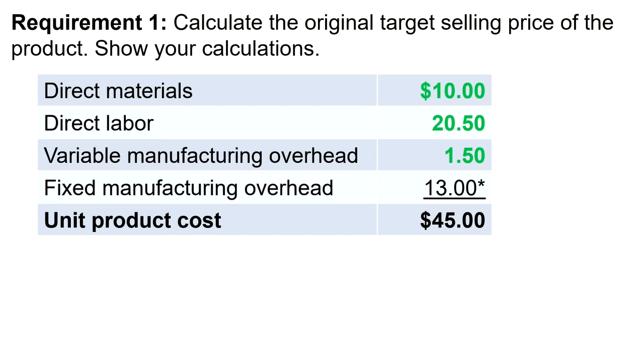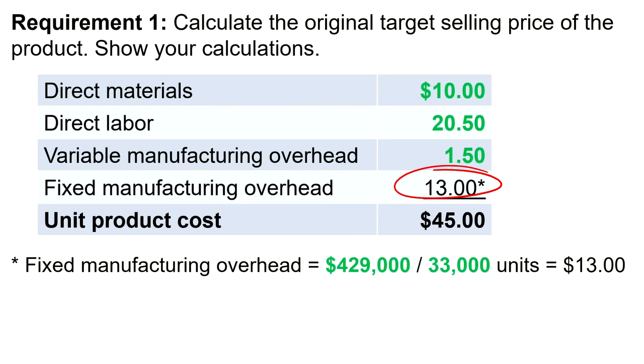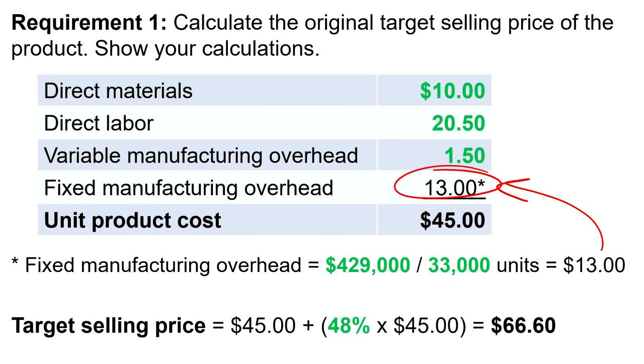That fixed manufacturing overhead of $13 per unit, well, that was the $429,000 of fixed manufacturing overhead, again, a given amount in green, and the 33,000 units, again, we were told that number, and so that $13 then becomes our fixed manufacturing overhead, giving us a total cost per unit to produce it of $45, and we were told that our selling price has a 48% markup on that total cost.